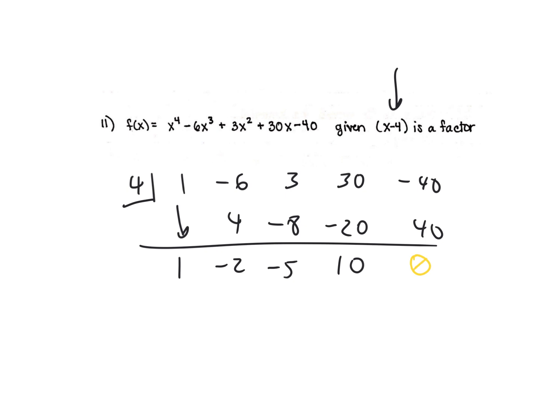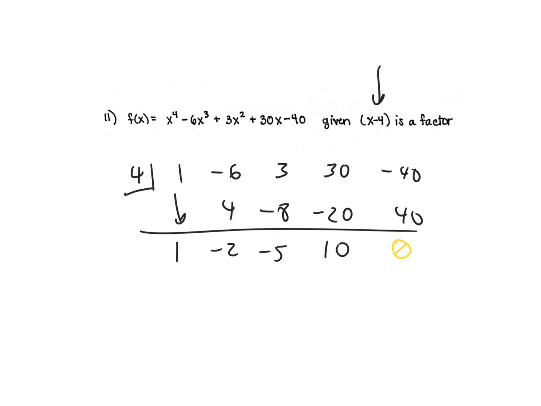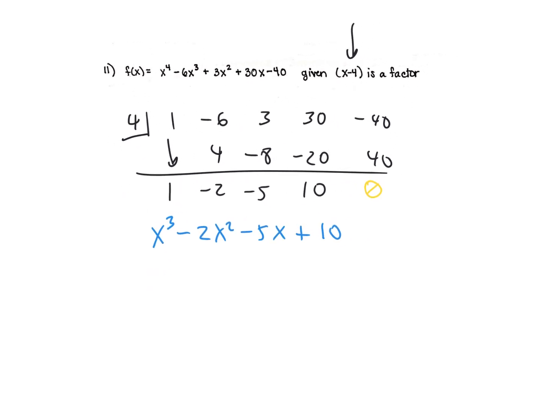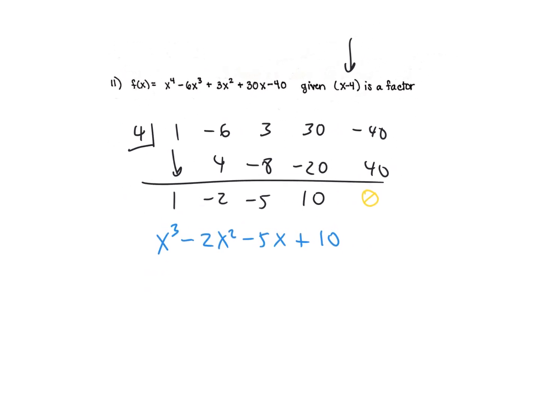Now that should have happened. That's actually how we know we're on the right track. This, therefore, is x cubed minus 2x squared minus 5x plus 10. Is this a factoring by grouping? We would have the red bracket pair and the green bracket pair. For the red bracket pair, we could factor out an x squared, which gives us x minus 2.